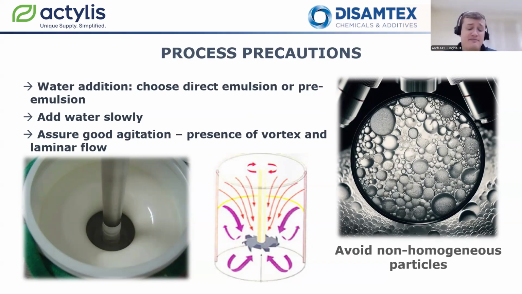Then the addition of water should be slow but constant, because you need all water particles well dispersed and the same size, homogeneous, in other words, and particles as small as possible. If water particles remain either too big or too irregular, the emulsion will break in a short period of time for sure, because the tendency of those particles is to reagglomerate when sizes are not equivalent to one another.